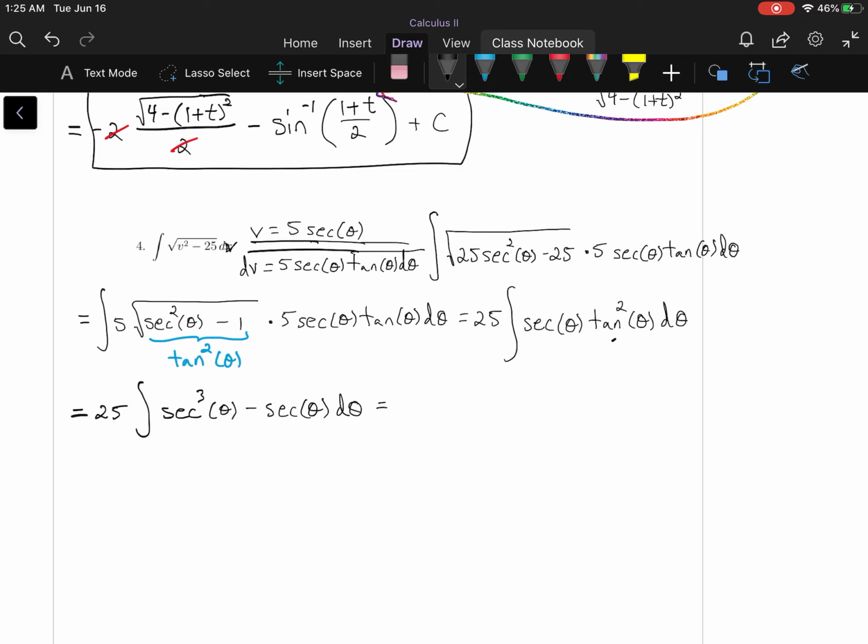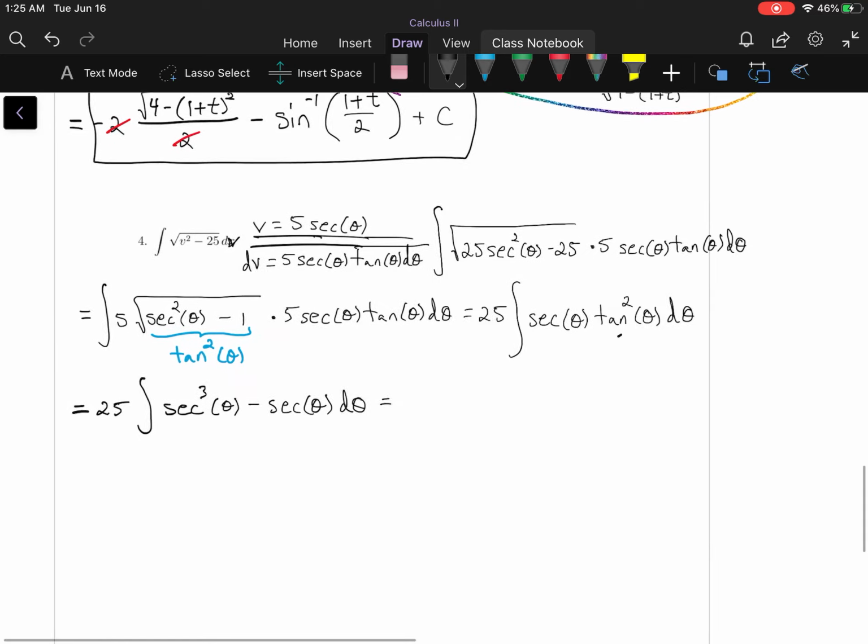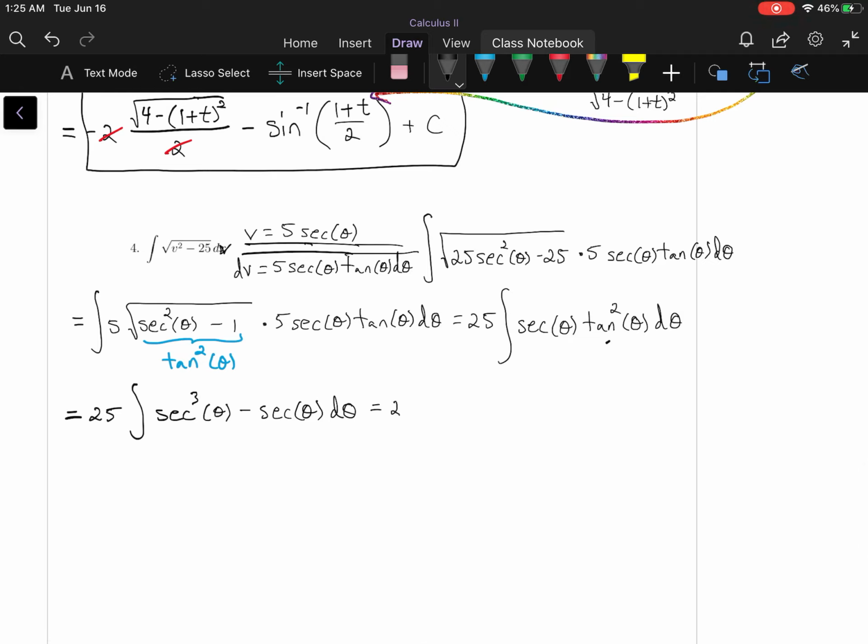So let's progress and see where we can get to. So we have 25 times the integral of secant cubed theta d theta minus 25 times the natural log of secant theta plus tan theta plus C. So far so good.